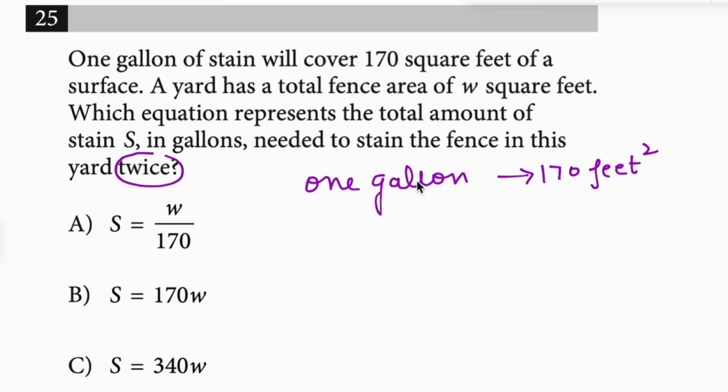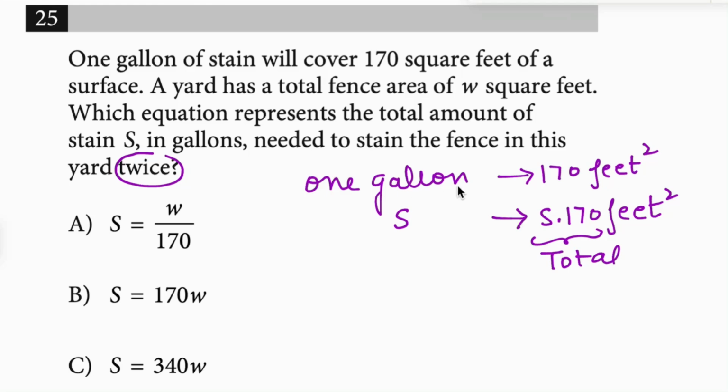So if 1 gallon can cover 170 square feet, that means S gallons will cover S times 170 square feet. So this will be the total area covered, right? If 1 gallon is covering this much, there are S gallons, so S gallons are covering this much area. Now, according to the question, the total fence area is W square feet.